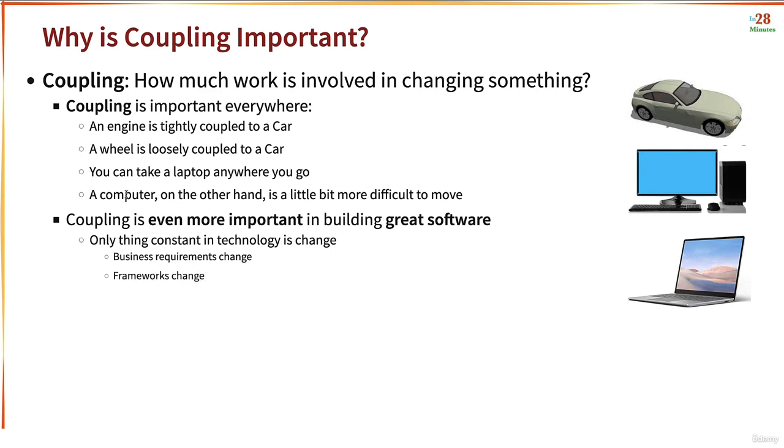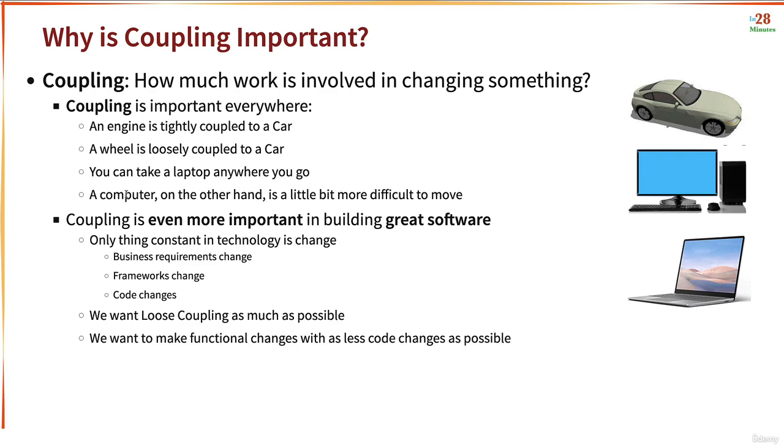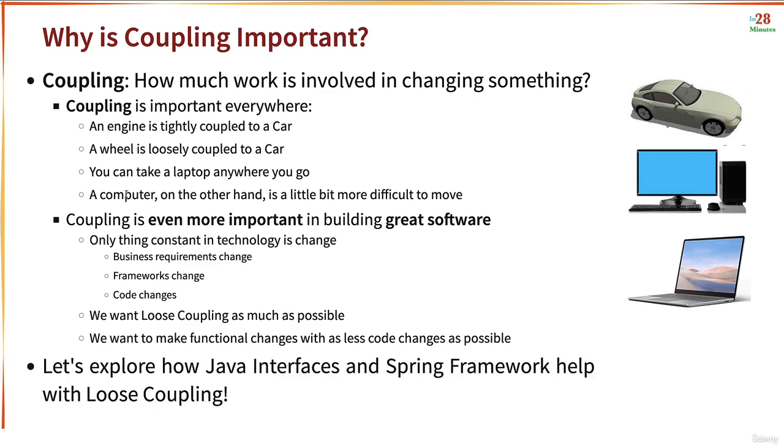Business requirements change, frameworks change, your code changes, and therefore we want loose coupling as much as possible. We want to be able to make functional changes with as few code changes as possible. And starting the next step, let's explore how Java interfaces and Spring Framework help with loose coupling.